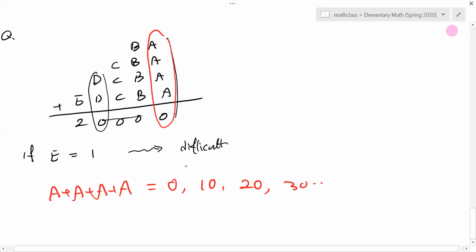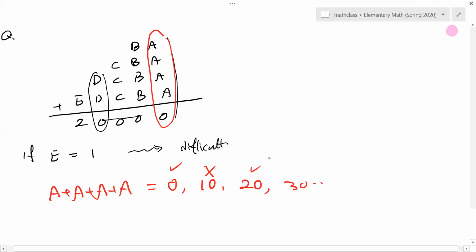So the only possible situation here could be 20, but 10 is impossible because 4 times a digit equals 10, I don't think it gets 10, so it's impossible. 0 is also possible.